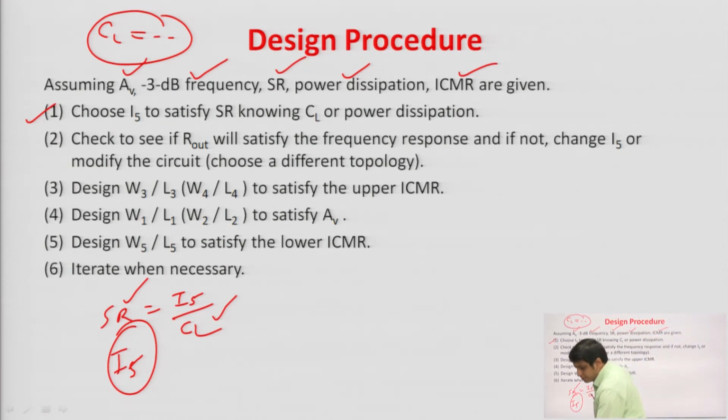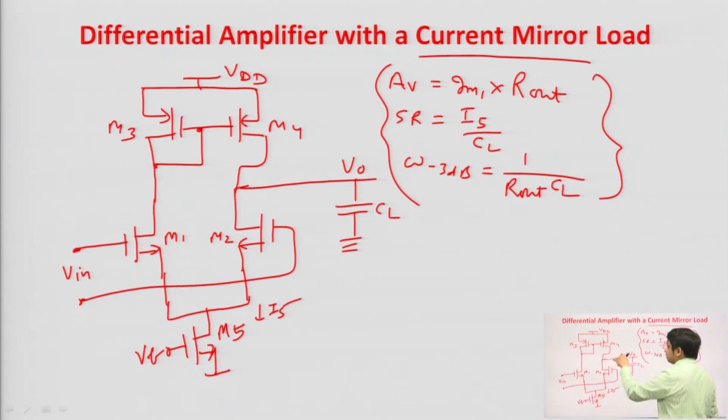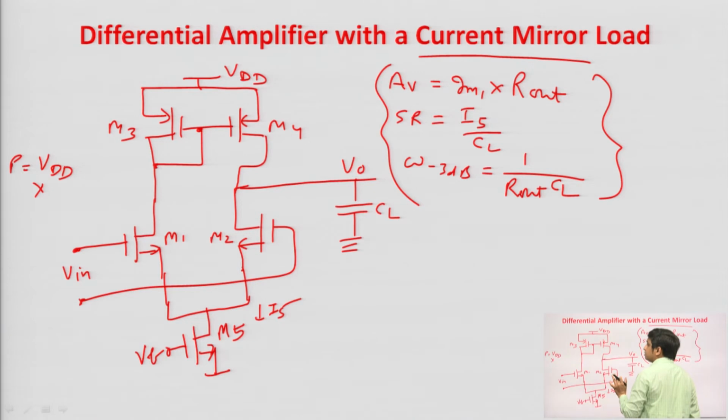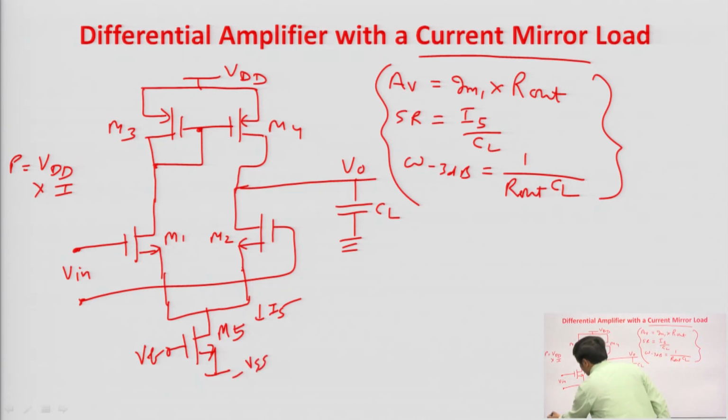So, the total power consumption of this circuit, let us say power consumption P, will be equal to VDD, the supply voltage, into the total current drawn from that supply, that is I. So, if we are using a single supply and the source of M5 is connected to ground, then the power consumption will be VDD into I. But if we are using dual supply, dual supply means plus VDD and minus VSS, then what will be the power consumption?